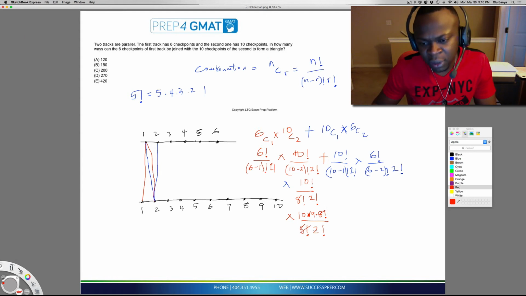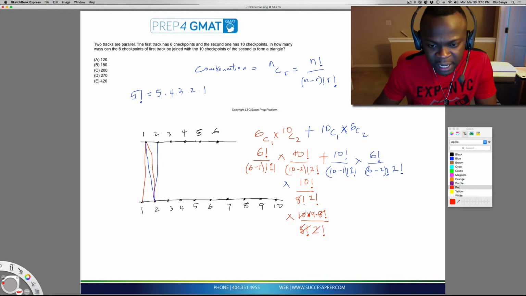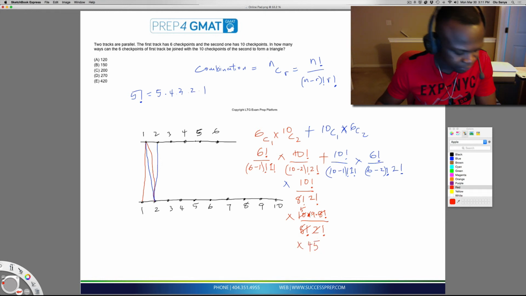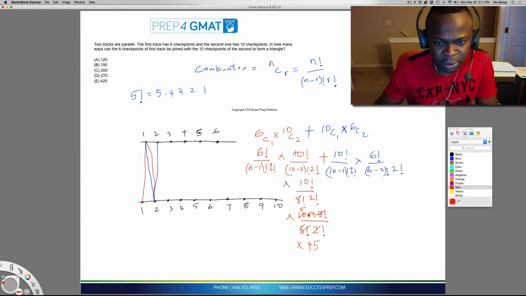So that's gone. A 2 factorial is essentially 2 times 1, which is 2. So 2 will go into 10 5 times, and so this is going to give you 45 over here. Over here, we're going to do something very similar. This is going to end up being 6 factorial over 5 factorial times 1 factorial, which is just 1 anyway.